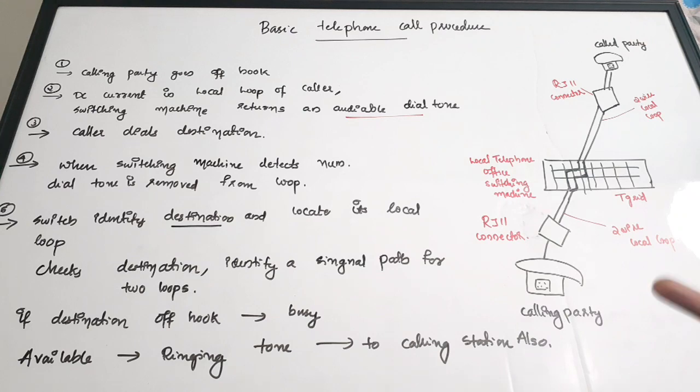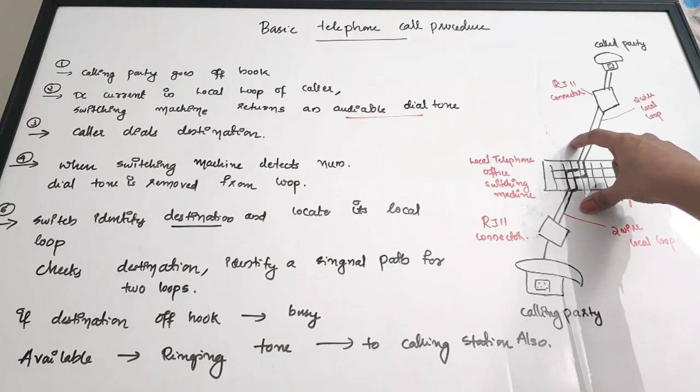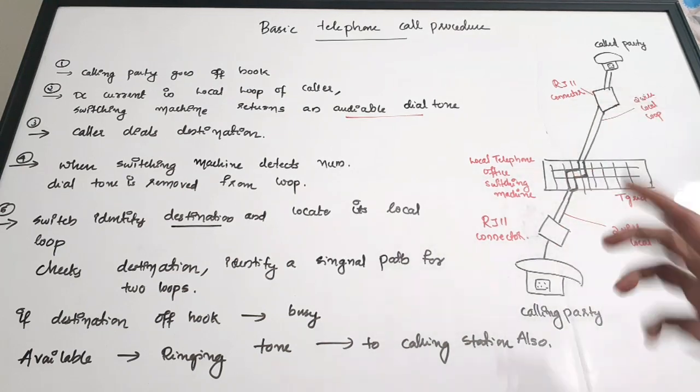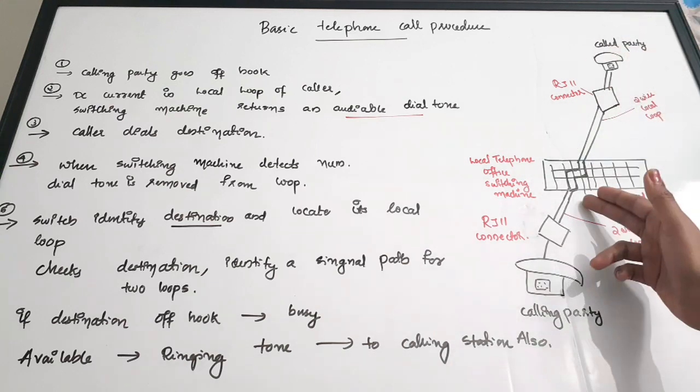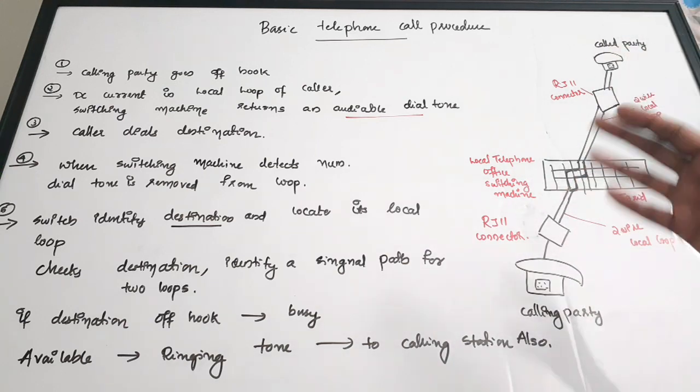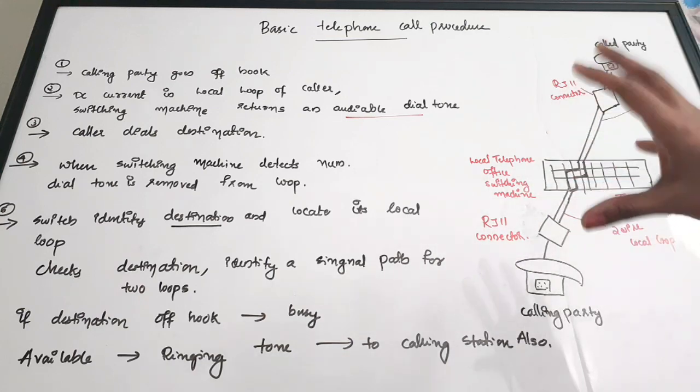And who is actually providing this connection? This switching machine of the local telephone office is providing us a path to make the call. So for creating the path, it has to verify which is the called party, and whether the called party is connected with the switching office. All these things the switching machine has to verify, right?